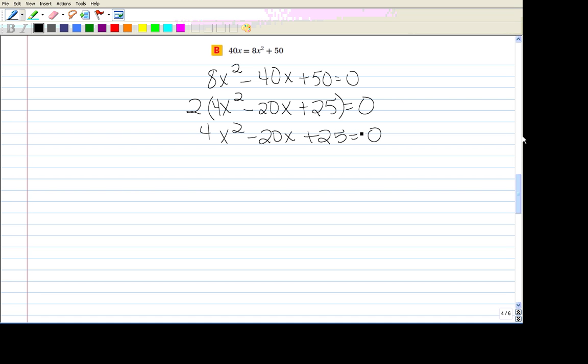And my favorite is the slip and slide. So I'm going to take this 4, I'm going to slip it over here and multiply it times 25, and I get 100. So now I get x squared minus 20x plus 100 equals 0. Factor this like normal, so what factors of positive 100 add to negative 20?